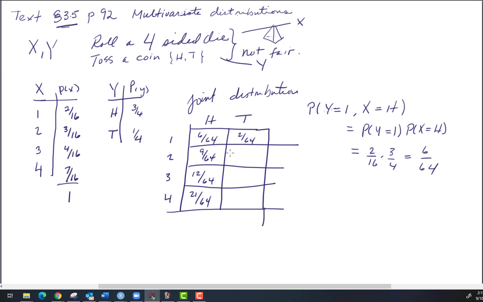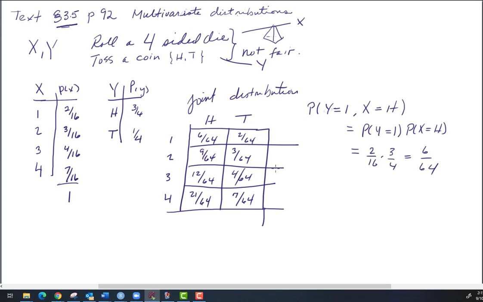Then 2/64, 3/64, 4/64, and 7/64. And you see that I didn't reduce those fractions, and it was a good thing because it makes it easier now to do some computation with them.